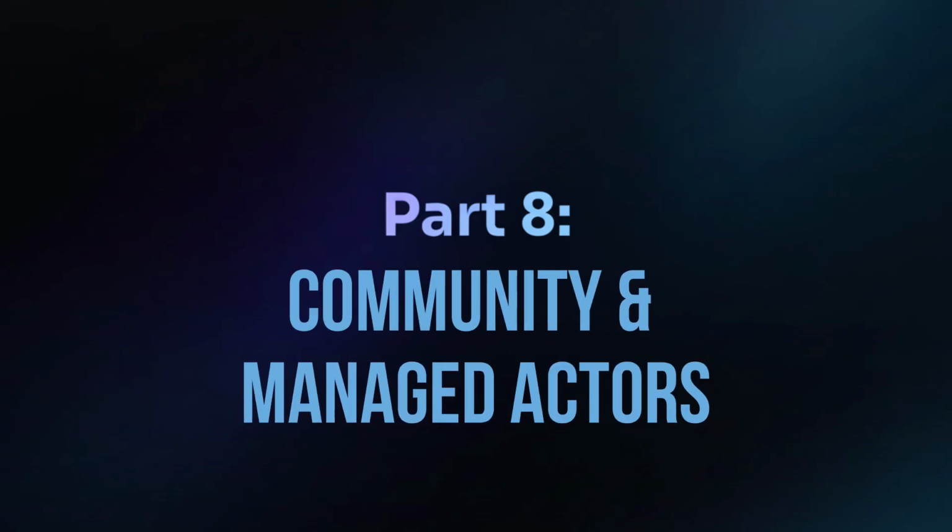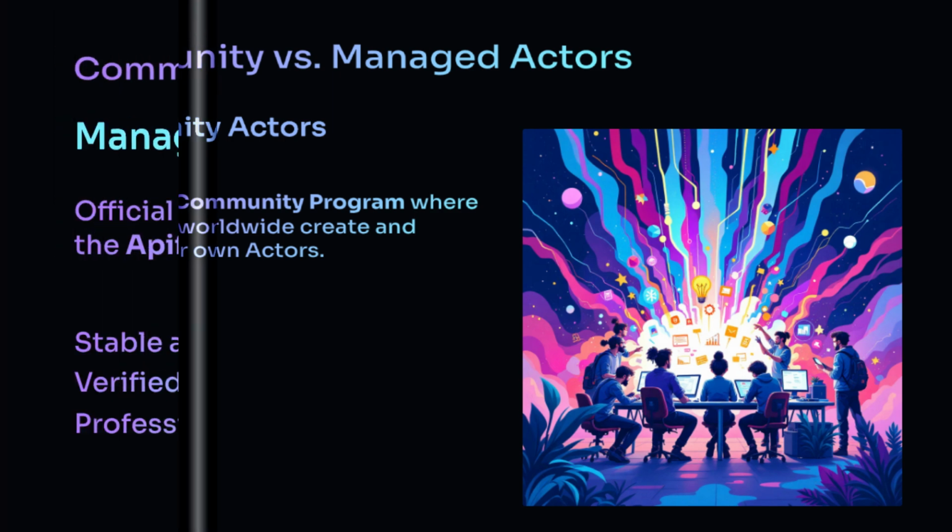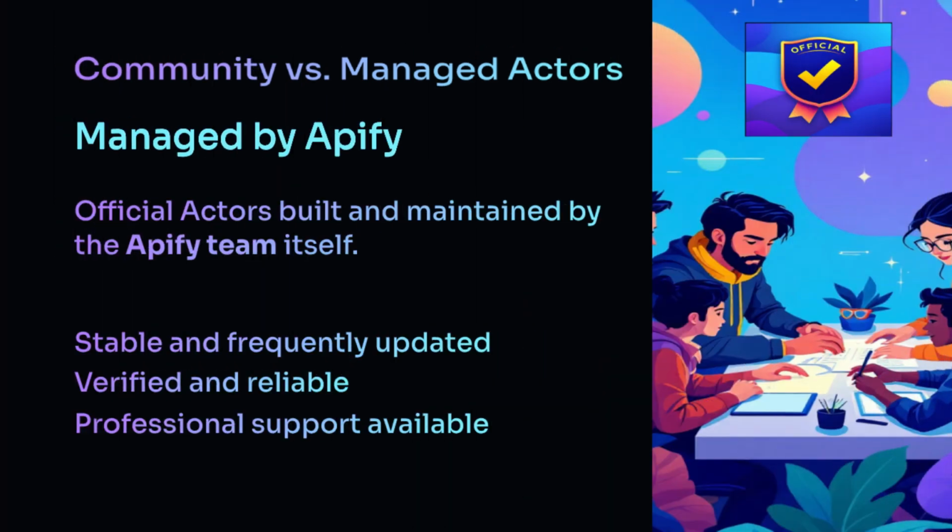Now let's move to Part 8, Community and Managed Actors. Apify has a community program where developers around the world create and publish their own actors. You can use these actors directly in your account, and when you do, the developer earns credits. Apify also maintains a set of official actors called Managed by Apify.